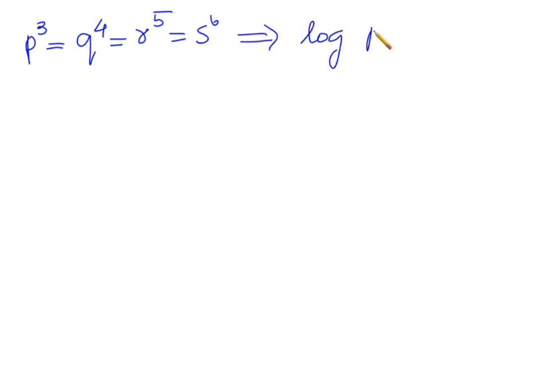If I had given you p raised to 3 equals q raised to 4 equals r raised to 5 equals s raised to 6, then what is the value of log of pqr to the base s?